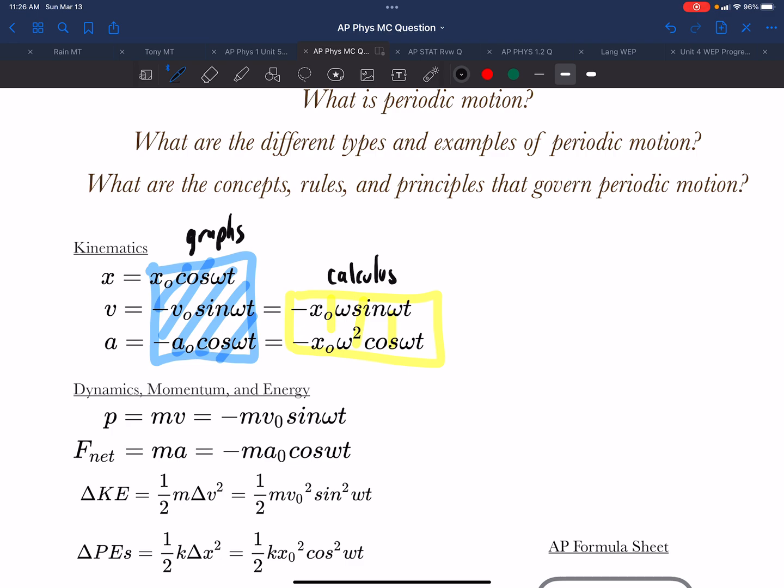And since we may or may not know calculus, if we don't know calculus, we can just remember that this V0, the V max, is equal to x naught omega, and that the maximum acceleration is equal to x naught omega squared.